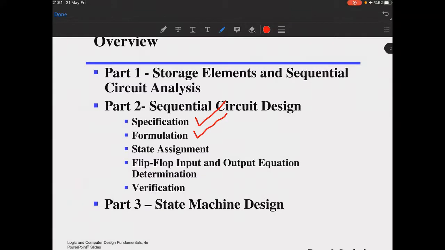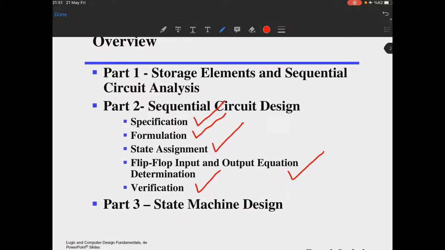Okay, we do the state diagram, and then we obtain the state table, then we do the state assignments, either with one hot coding or gray coding or counting order assignment, whatever. Then we practiced how to determine the flip-flop input and output equations, and that's it. And finally, you need to verify your circuit manually or by computer-aided design tools. So that's it.